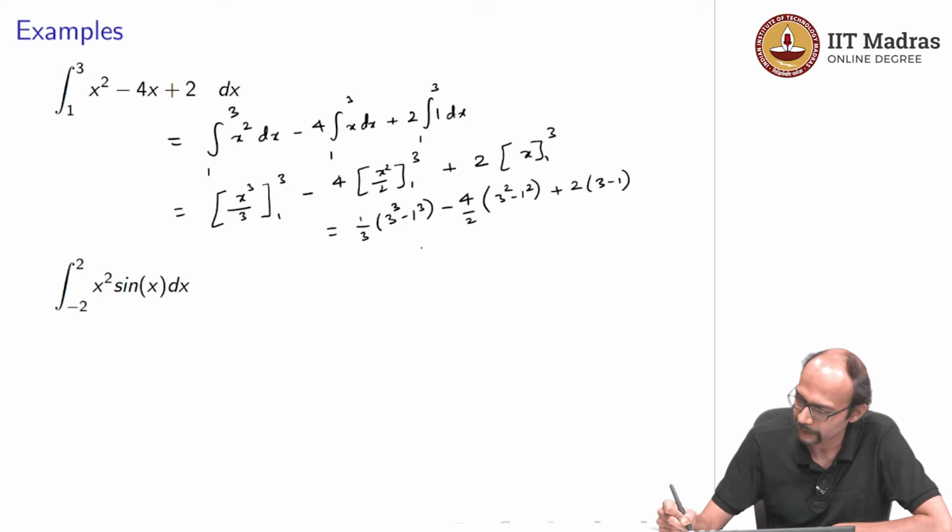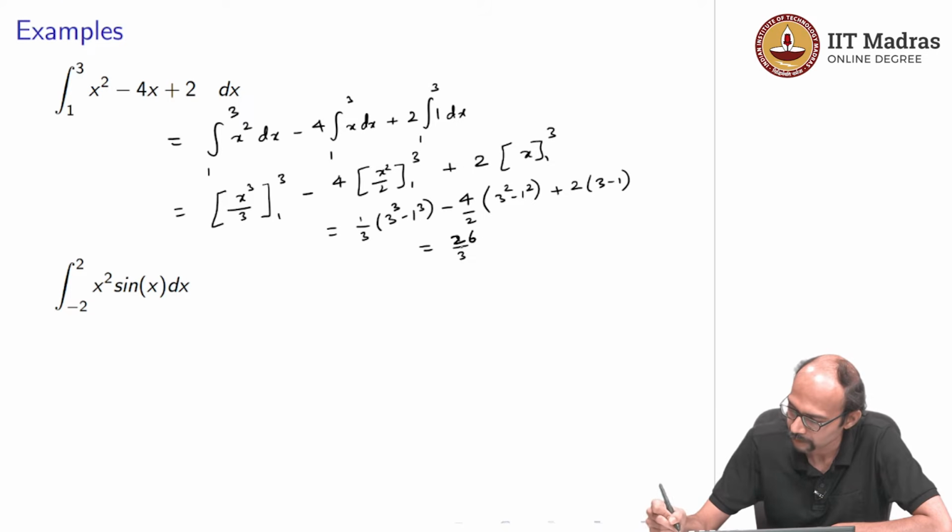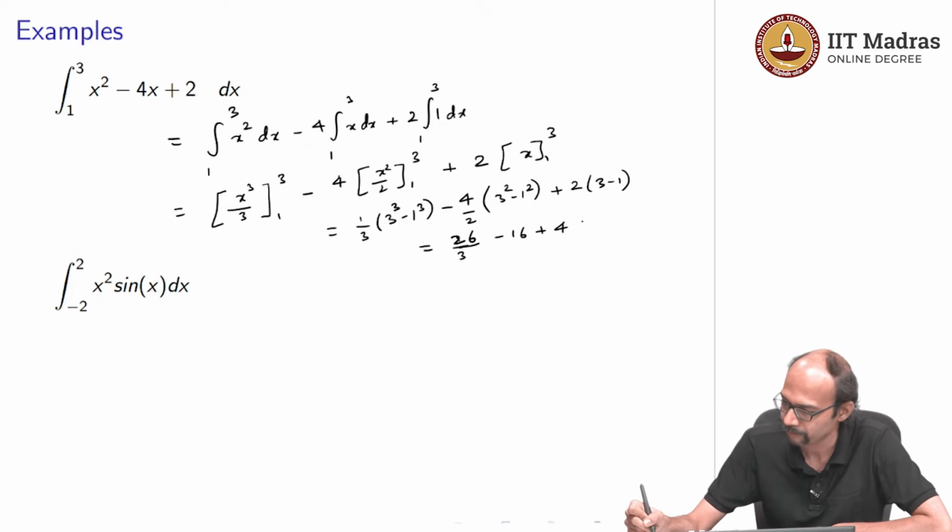And now, if we compute this, this is going to be 1/3 times 27 minus 1, so that is 26. So, 26 by 3 minus 2 times 9 minus 1, so 2 times 8, which is 16, and plus 2 times 2, which is 4.